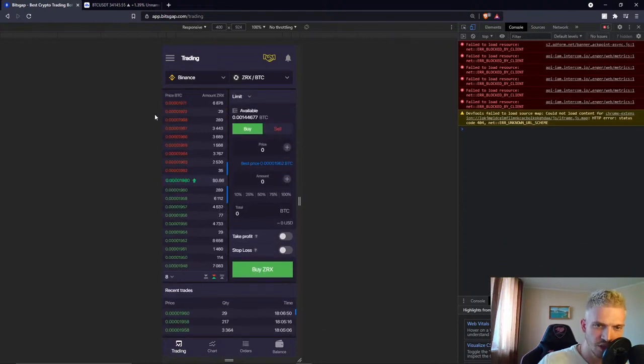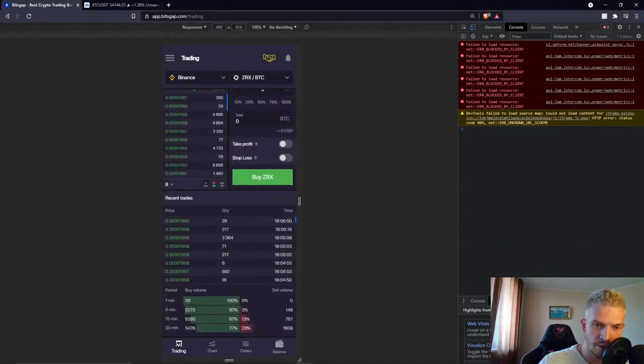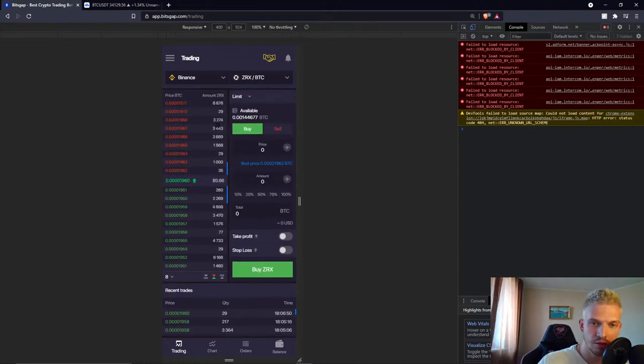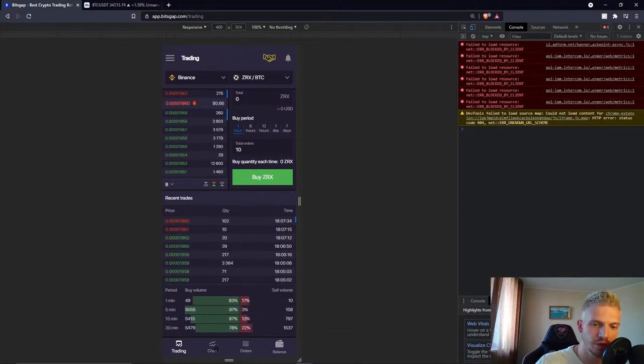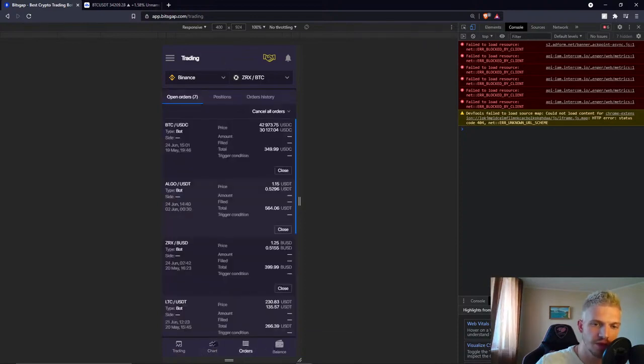You see, no glitches or whatsoever, perfectly tuned, and you can switch your accounts, you can open limit orders, you can also use stop limit orders, all the features that we have developed so far for the desktop version. It's also functional on the mobile web browser. So this is how it looks on the mobile device as of now.